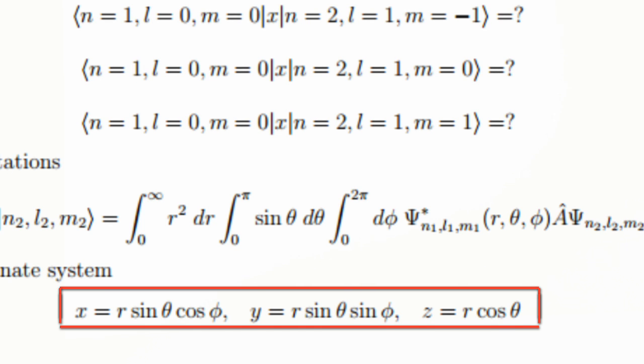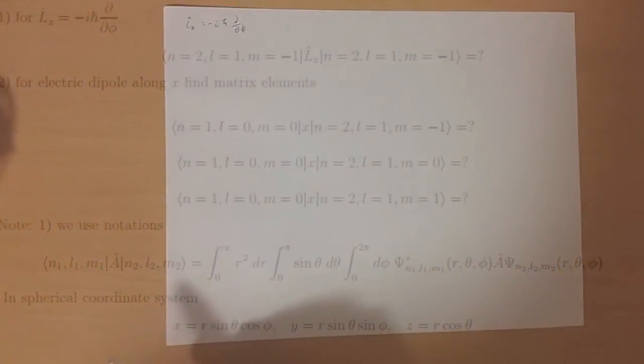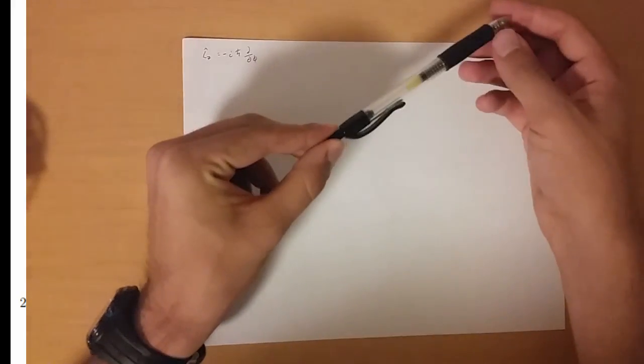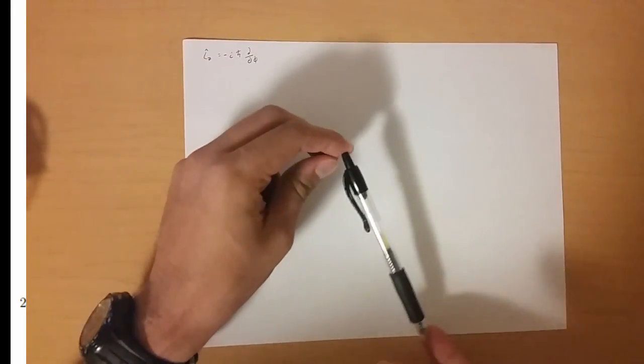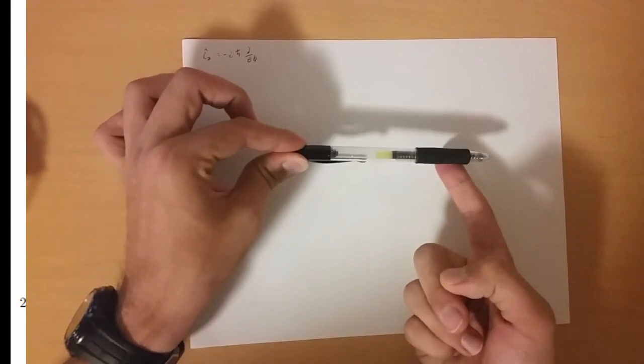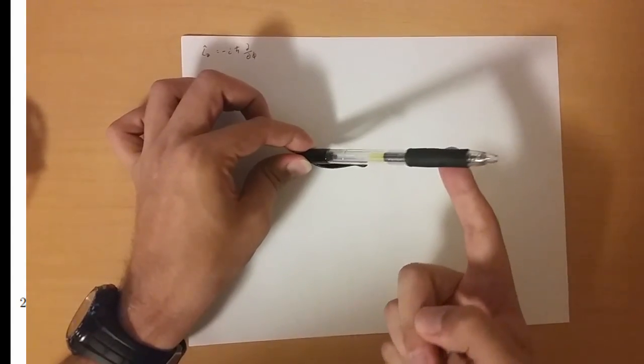Basically, that means that phi is the angle in the xy plane, this flat plane, right? So phi is going to depict this angle here, and then theta will depict the angle that it raises above the horizontal.